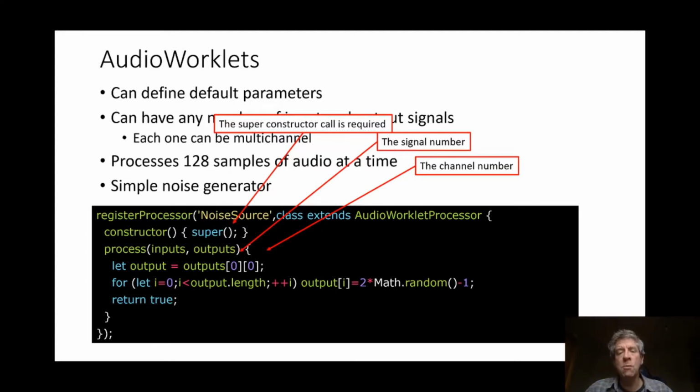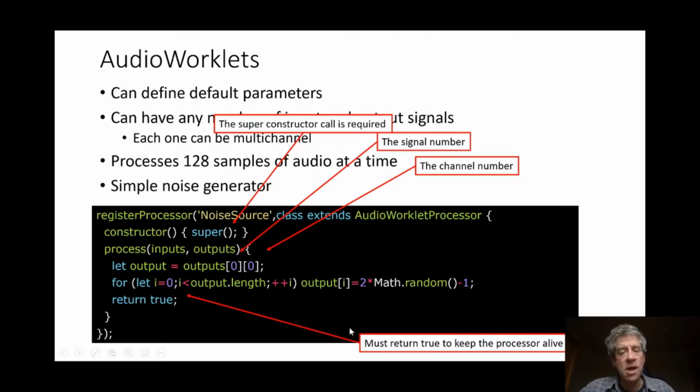So if we want a number between -1 and 1, essentially the range of audio samples, then we take that random number between 0 and 1, we multiply it by 2, so now it's between 0 and 2, and we subtract 1 from it, so now from 0 to 2 it becomes -1 to +1. And that's it for the whole of the routine.